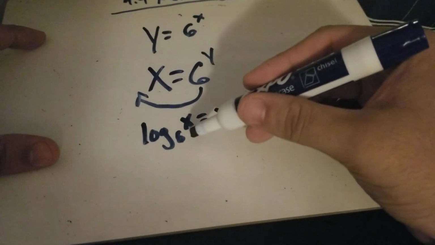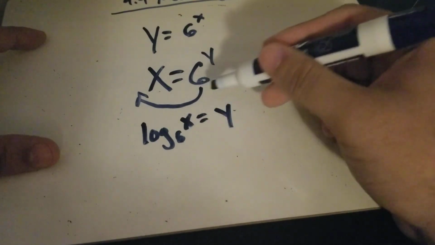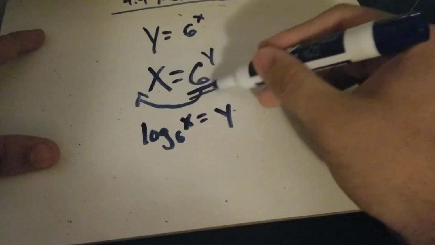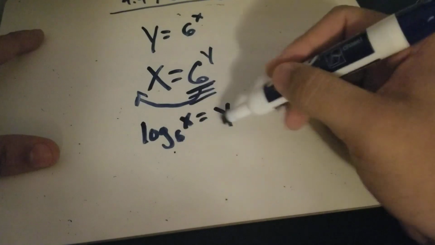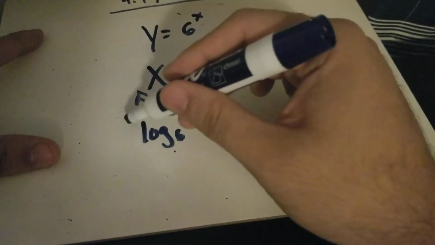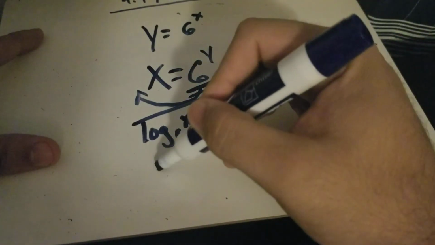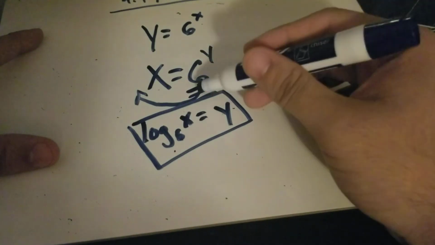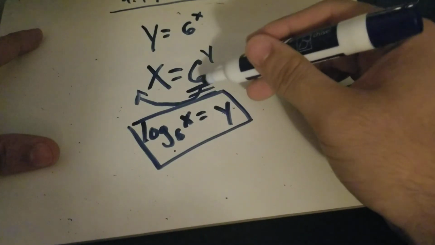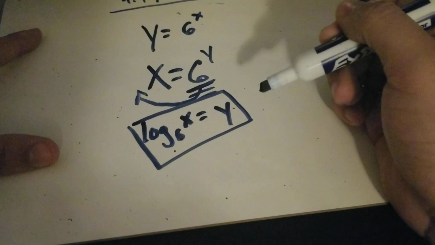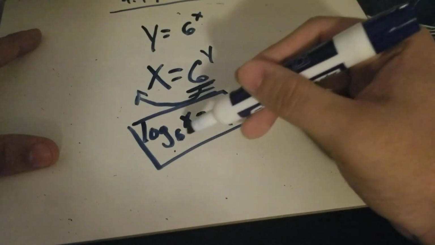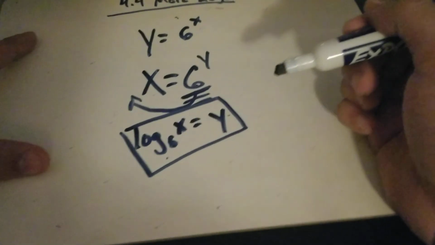Log base 6. Why is it base 6? Because this number was base 6. So log base 6 x equals y. So I take the bottom of the 6 and make it the bottom of the log. The bottom of the exponent becomes the bottom of the log.